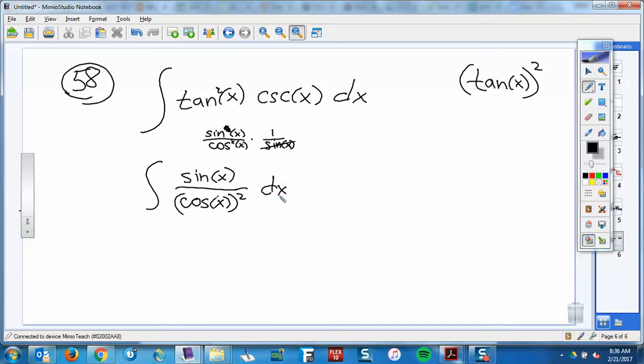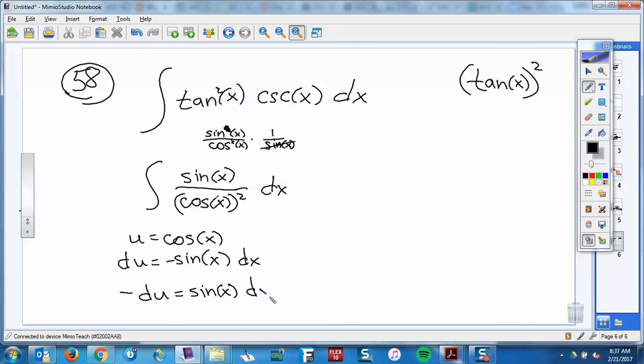Okay, so now what would be the obvious choice? Letting u be cosine is a great choice because the du is going to be negative sine, so the negative I can move over to the other side here. So my sine x dx would come out as a negative du. What else do I have in there? 1 over u squared. How do I want to write that though?